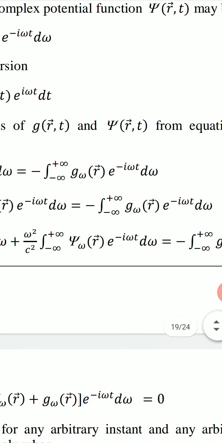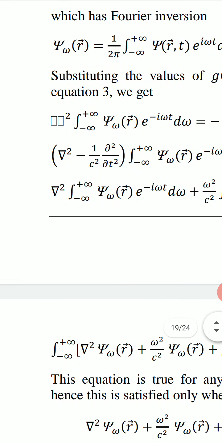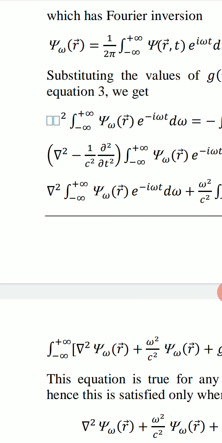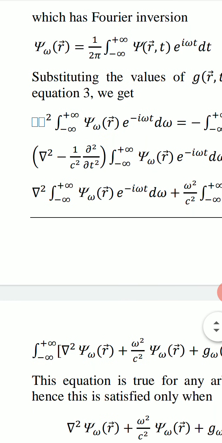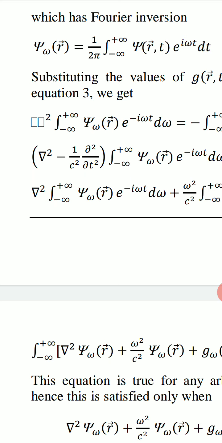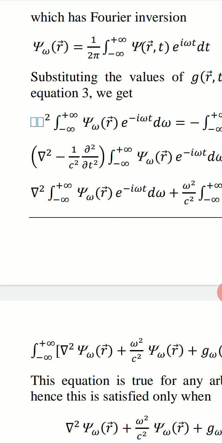Remaining quantities are same. Now the first term is divided into two terms. First term is for del square and second term is for minus 1 upon c square d2 by dt square.